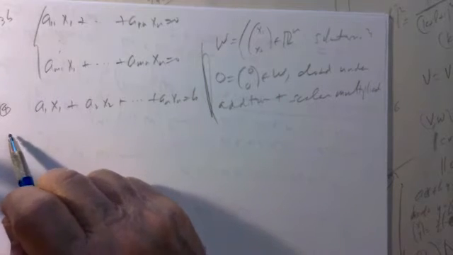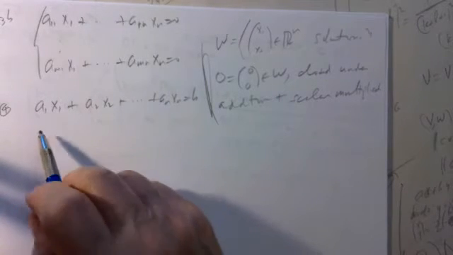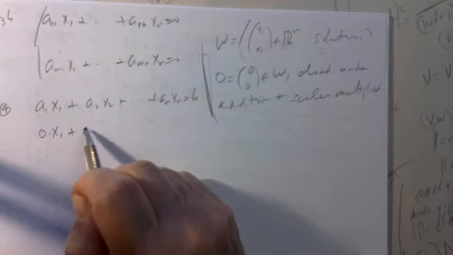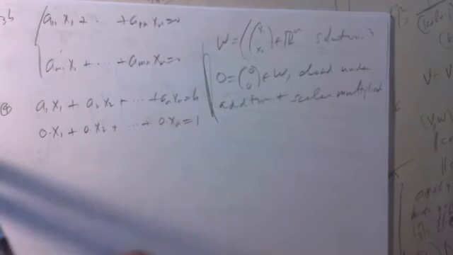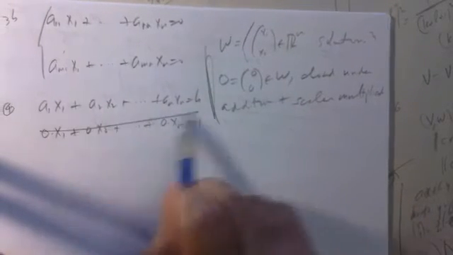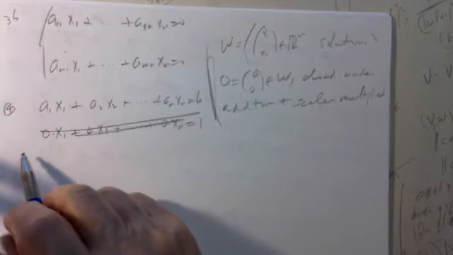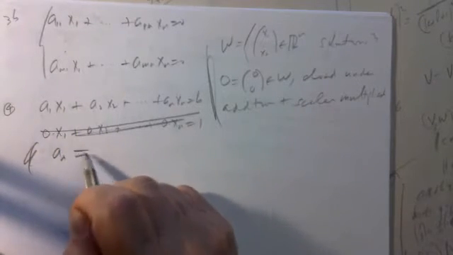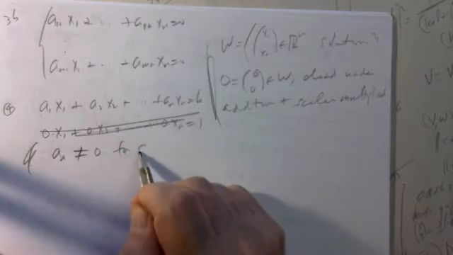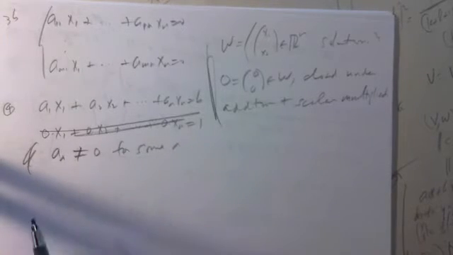You could have the equation 0x1 plus 0x2 plus 0xn equals 1, and that has no solutions. So I should have added the condition that at least one of these coefficients, ai, is different from 0 for at least one i. In that case, there's always a solution of this equation.